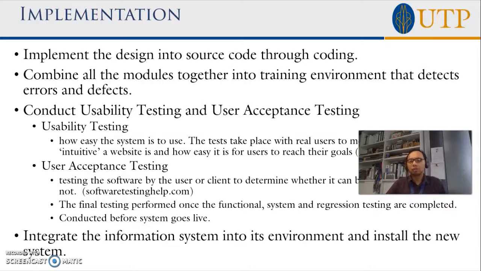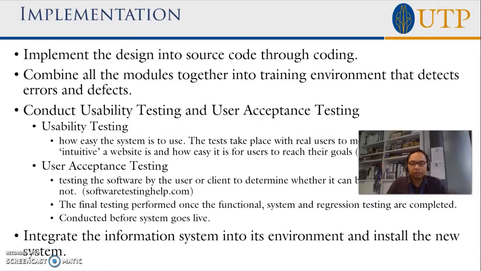So if the user wants to go to a specific page in the system or specific screen in the system, the system must be easy enough for the user to navigate to that screen. Okay, so usability talks about how usable that system is.